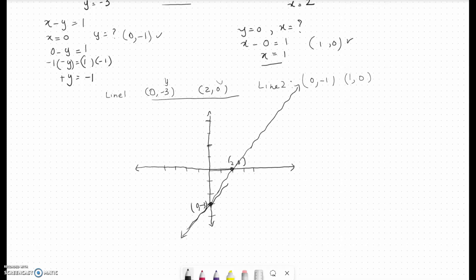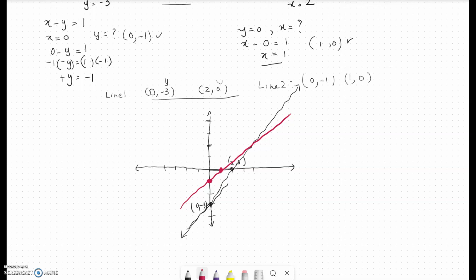Okay, now the other line, let's change the color, is 0 negative 1, so that's 0 negative 1 and 1 0, and the line has to join these 2 points. So wherever the graph intersects, that's the point that we need to locate.